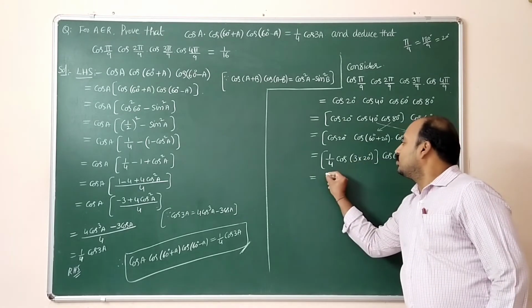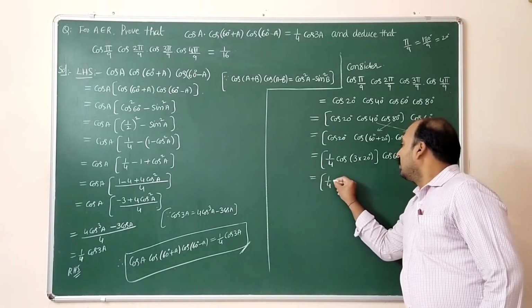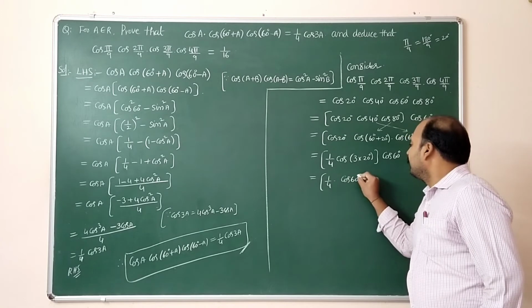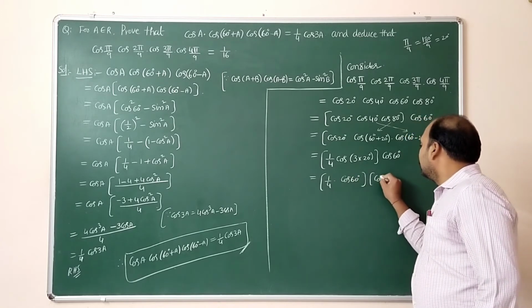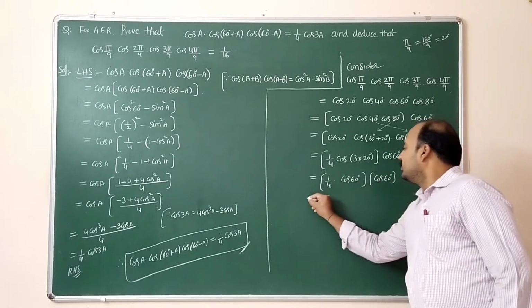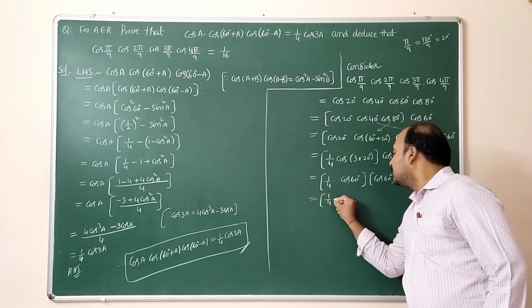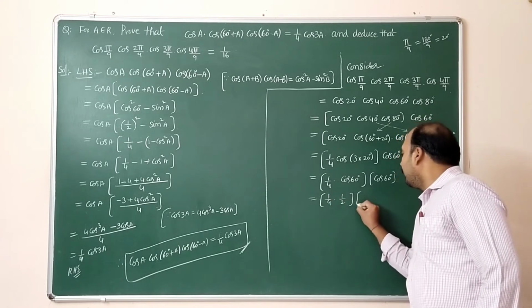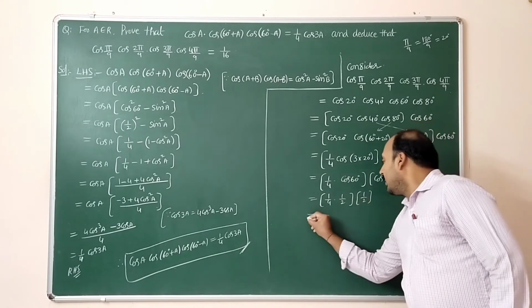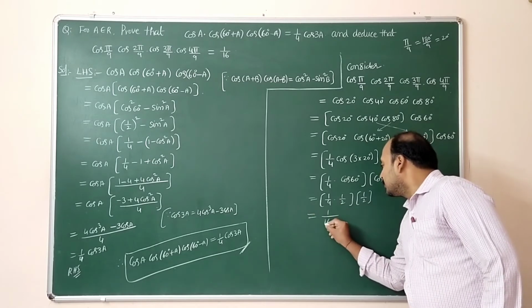So which is equal to 1 by 4 cos 60 into cos 60. So which is equal to 1 by 4 into cos 60 is 1 by 2, again 1 by 2. So 1 by 4 into 2 into 2 is 1 by 16.